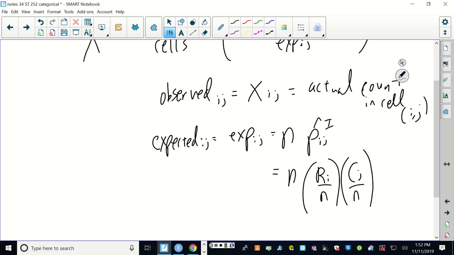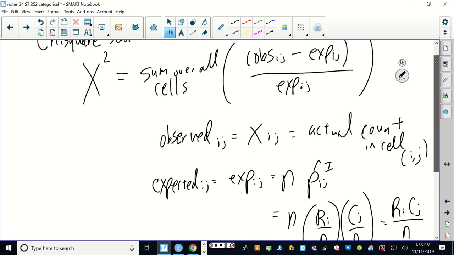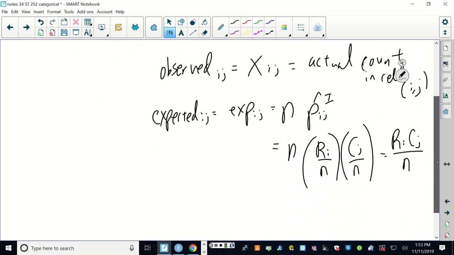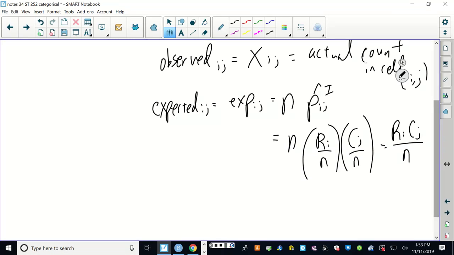And obviously you can see that something cancels there. So sometimes the shorthand is just the row total times the column total divided by the sample size. So we're going to get the sum over all the rows and columns of the entire table and get this statistic.